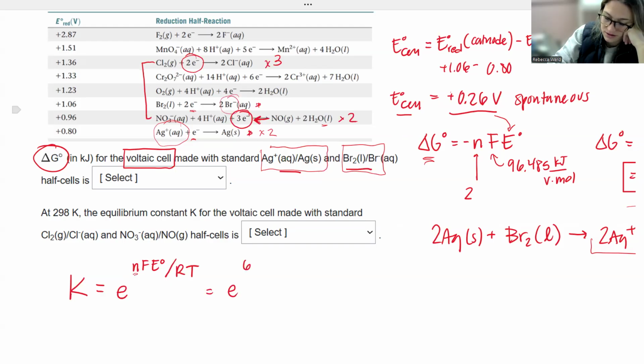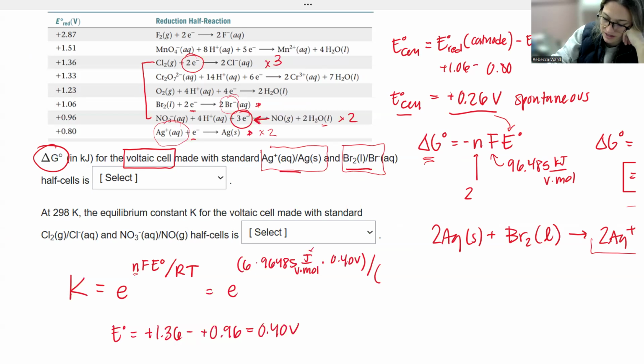Okay, 6, and then times, I'm going to keep it in joules this time, joules per volt mole, times E cell, which for a voltaic cell has to be positive: plus 1.36 minus plus 0.96. So that's 0.40 volts. And then we need to divide by R, and since I kept this in joules, my R can be in joules as well.